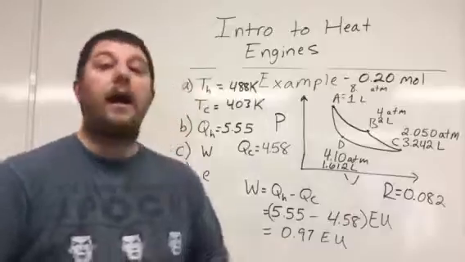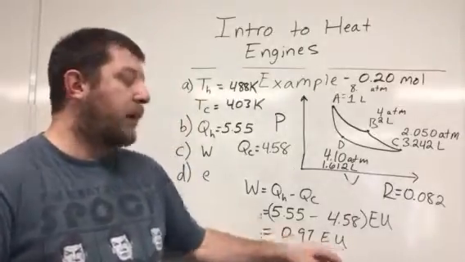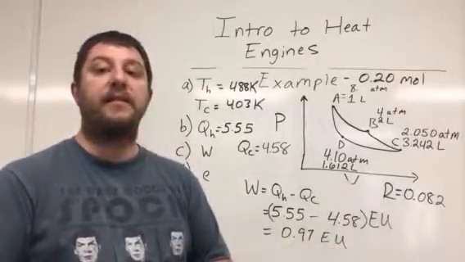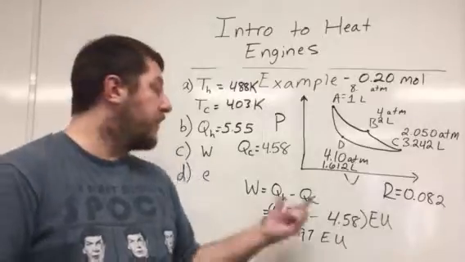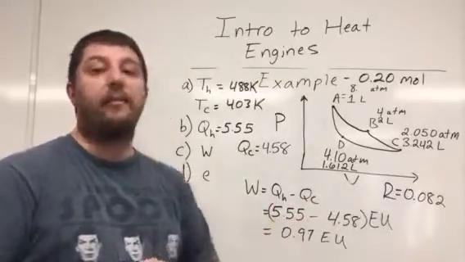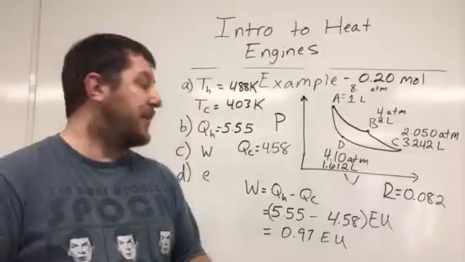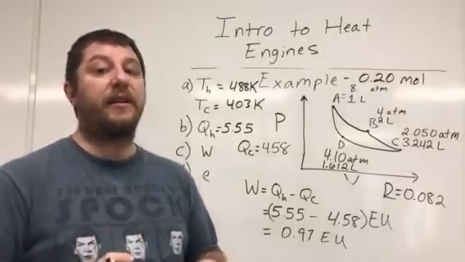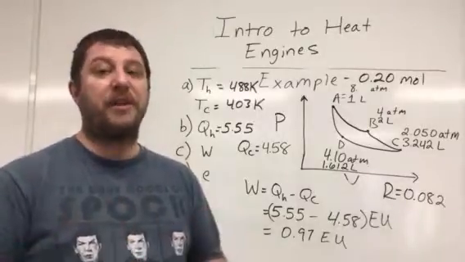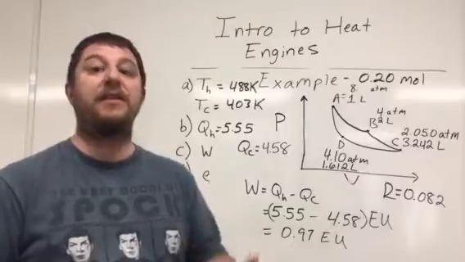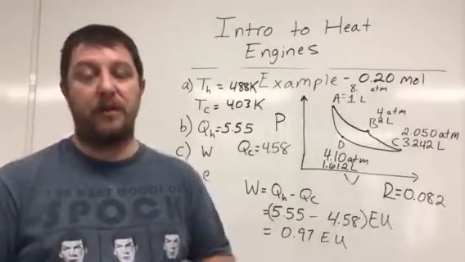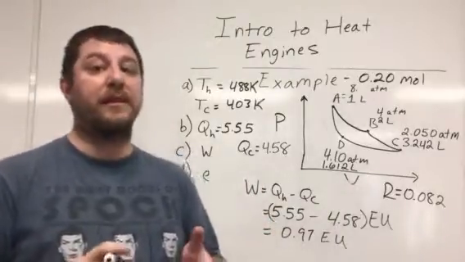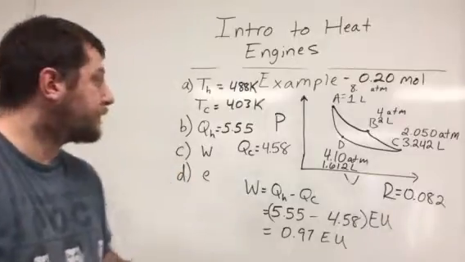Right? So I'm doing work of 0.97 energy units for every unit of energy that I bring in. Now, as you can see, this is not likely going to be a very efficient engine. Unfortunately, this is the efficiency of a fairly realistic engine, okay?